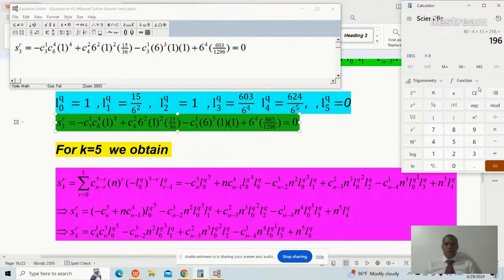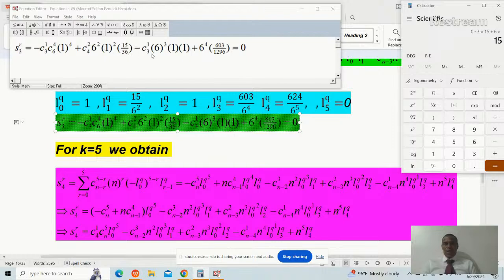We have minus 3 times 4 times 6 minus 6 times 5, 30. It will be 15 times 15, plus combination 4 choose 2, which is 6. I will write 6 times 15 times 15, because 36 divided by 36 is 1.